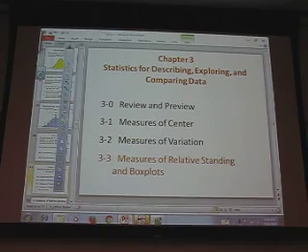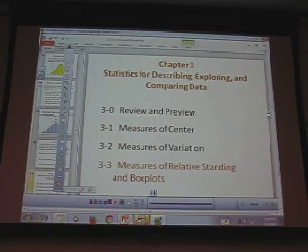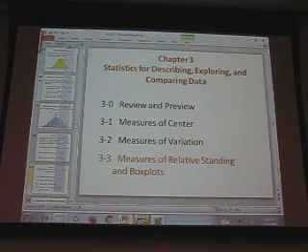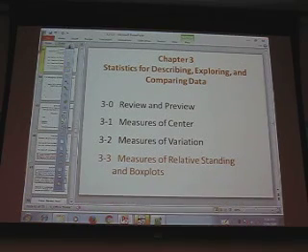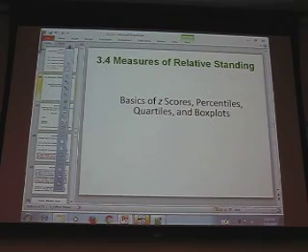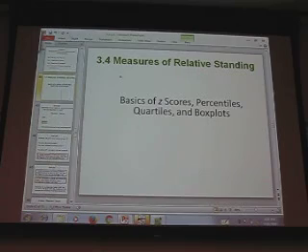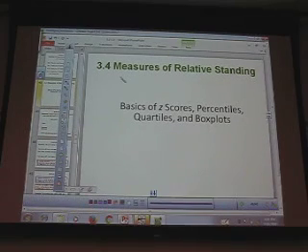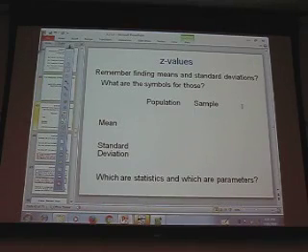All right, so now we're going to talk about the last thing, measures of relative standing and box plots. I think it's 3.3. So we're going to start in with Z values.